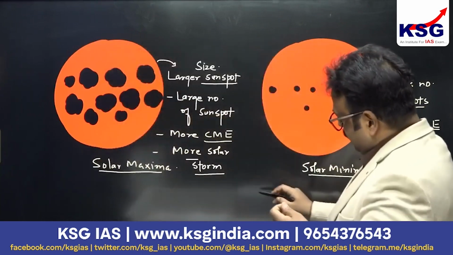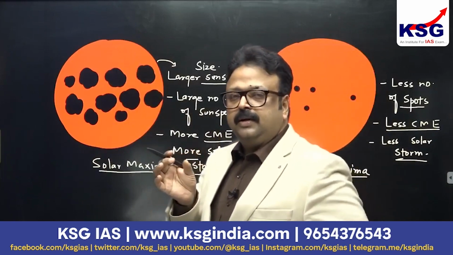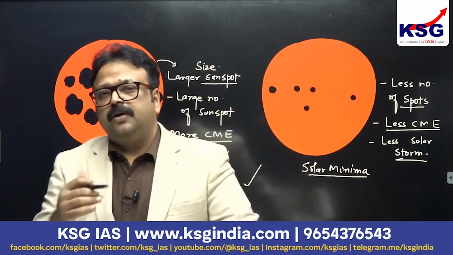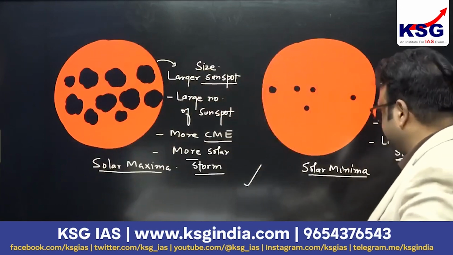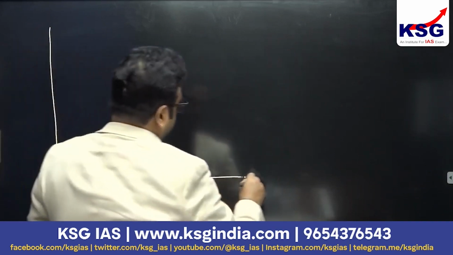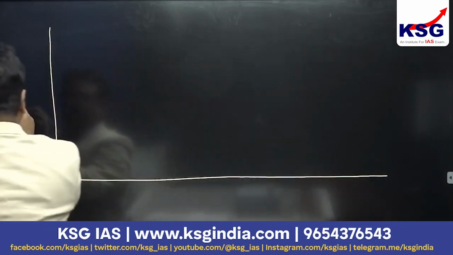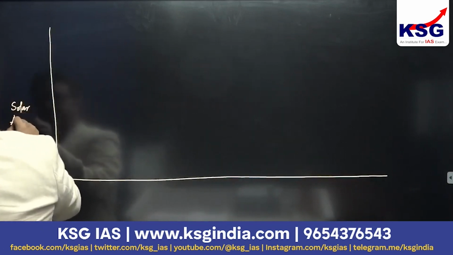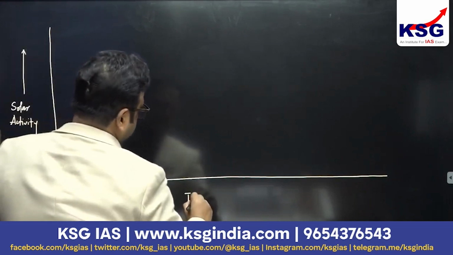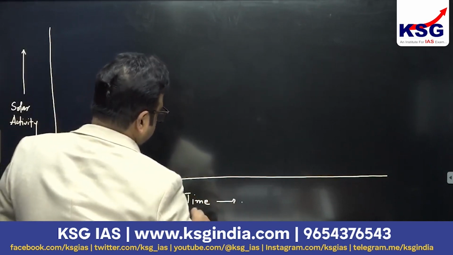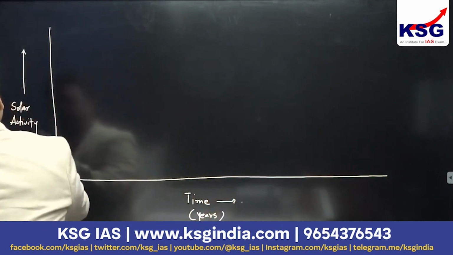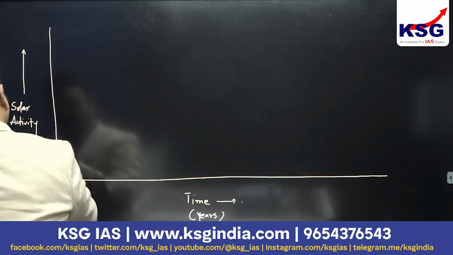If we plot the number of sunspots during this cycle with respect to time, we are going to have a graph which I am going to discuss with you like this. So if we plot this sunspot cycle, solar activity on the y-axis, solar activity meaning coronal mass ejection, and time on the x-axis, which is certainly in terms of years, and here solar activity in terms of numbers, how many sunspots are going to be there.